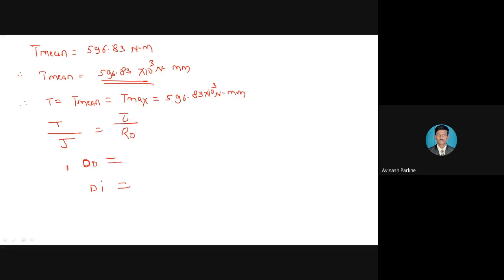This is the correct torque. Same torque we have to use for the diameter calculation. So use the formula based on the shear stress, T upon J is equal to tau upon R or RO. And tell me the diameter, external diameter only.